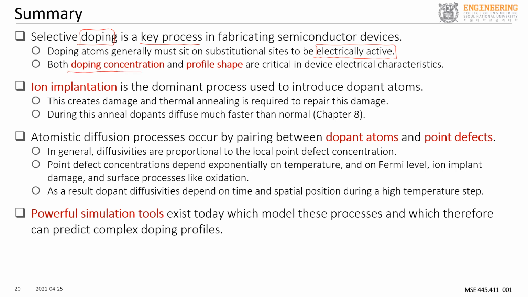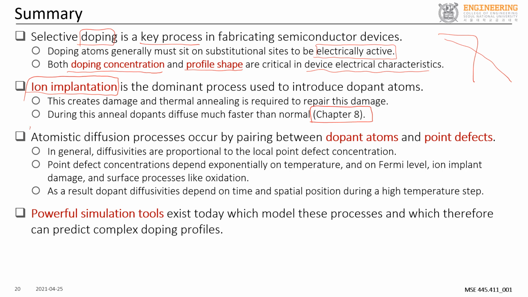And doping concentration is important, and the shape of the profile, whether it's smooth or abrupt, that's also very important for device performance. And we use ion implantation to dope, but after that we do a lot of annealing and then let them diffuse. And we are going to look at the ion implantation itself in chapter 8, next chapter.